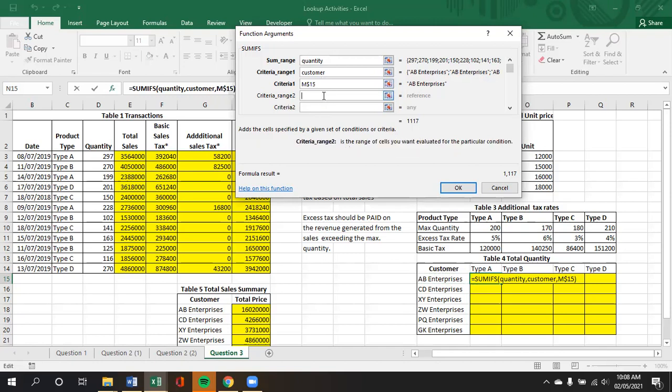Good. Then similarly, the second criteria is going to be the product type. Again, you need to make sure that when you drag them here and there, that particular row is not going to change.